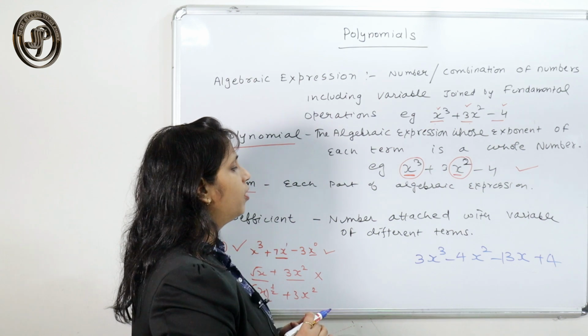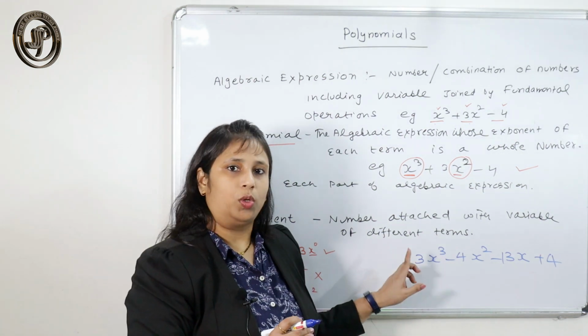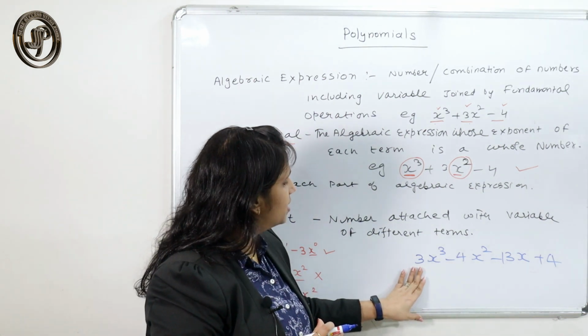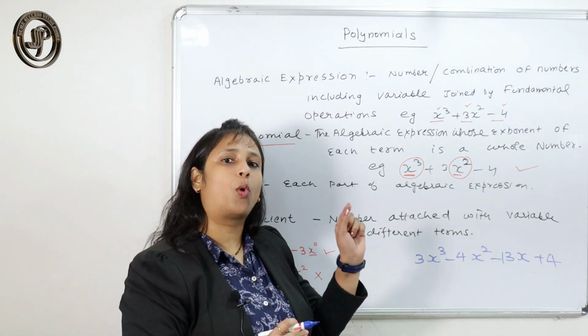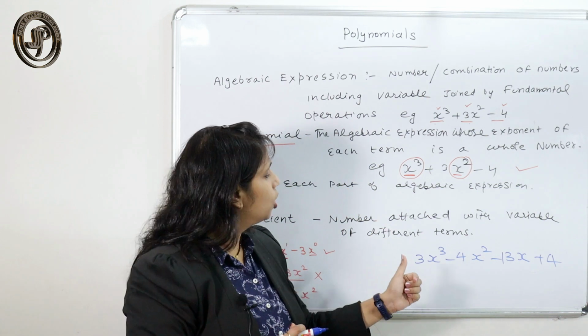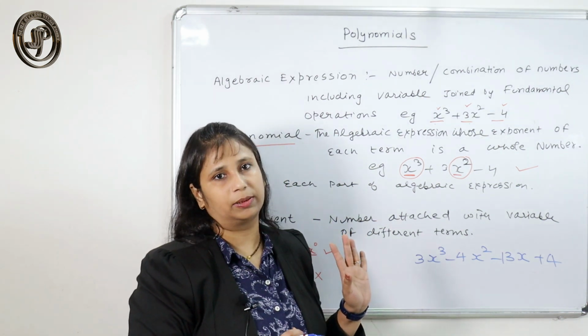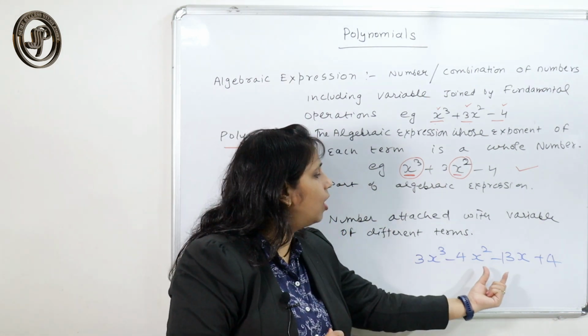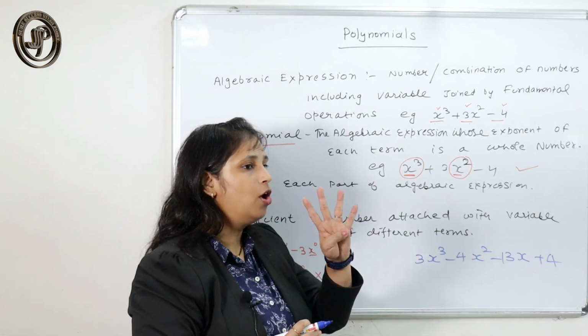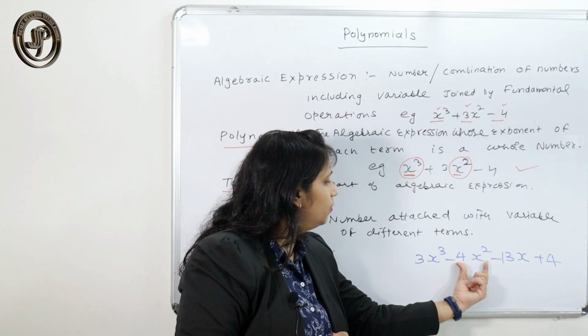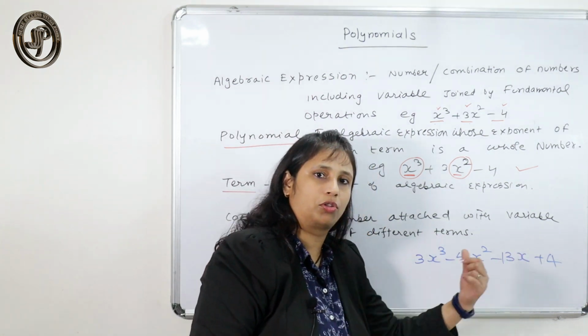First I need to check: it is clear that this is an algebraic expression. How many terms does this algebraic expression contain? 4 terms: 1st, 2nd, 3rd and 4th term.